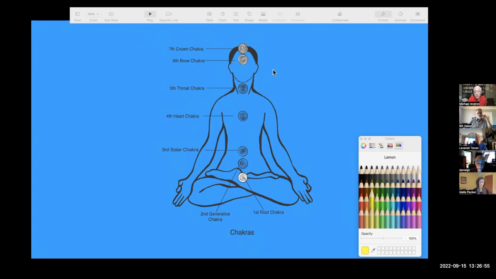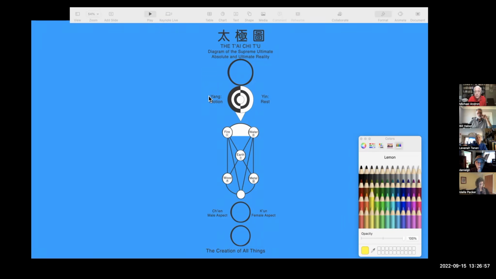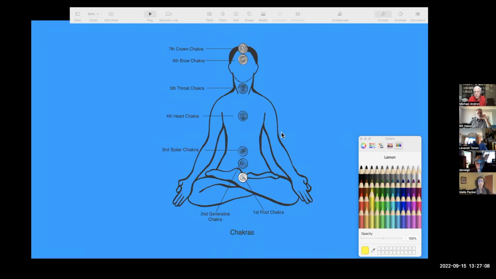You go to yoga, and by the way, here there are seven levels, because three of them are doubles, because there's balance in thought, word, and action in terms of what those mean. Here too, you had seven levels from top to bottom in yoga.